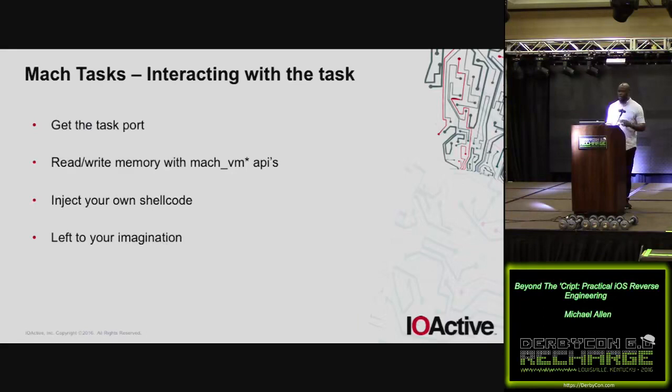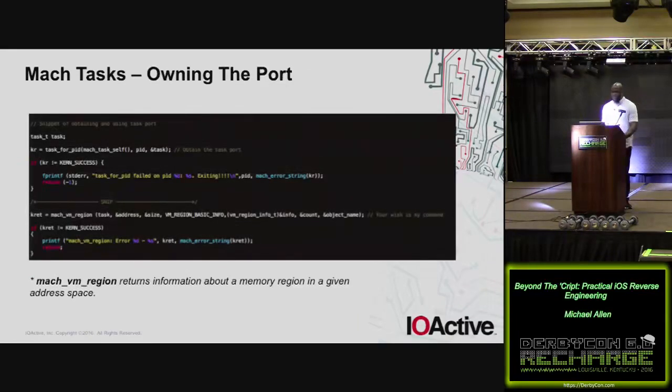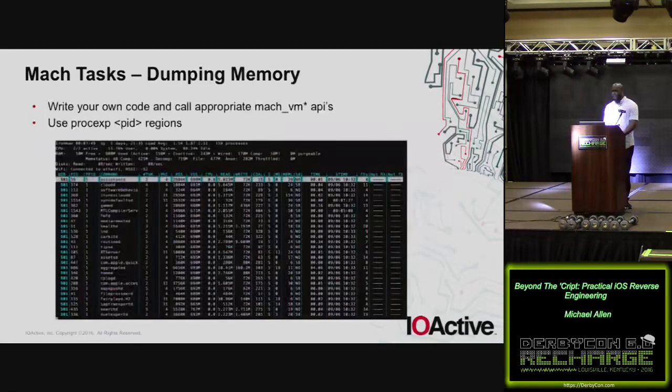Once you have it, it's pretty much left up to your imagination as to what you want to do. You could read and write memory using the powerful Mach VM APIs. You could inject your own shellcode. An example is shown here. task_for_pid grabs the port, and then you pass that handle into, in this example, mach_vm_region. Just an example of dumping memory, you could write your own code.